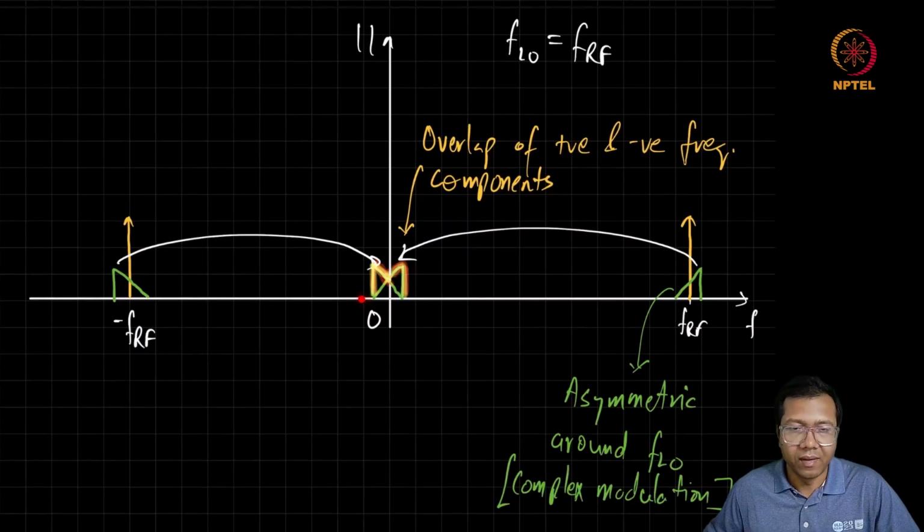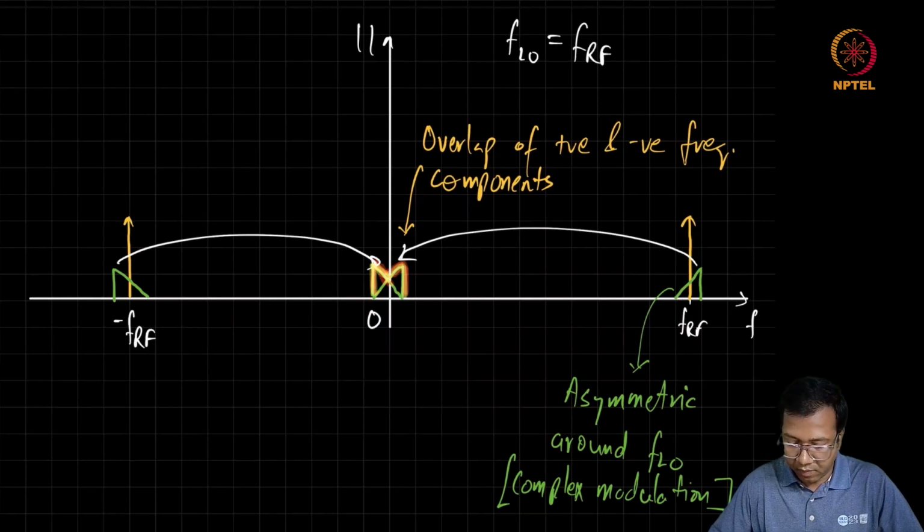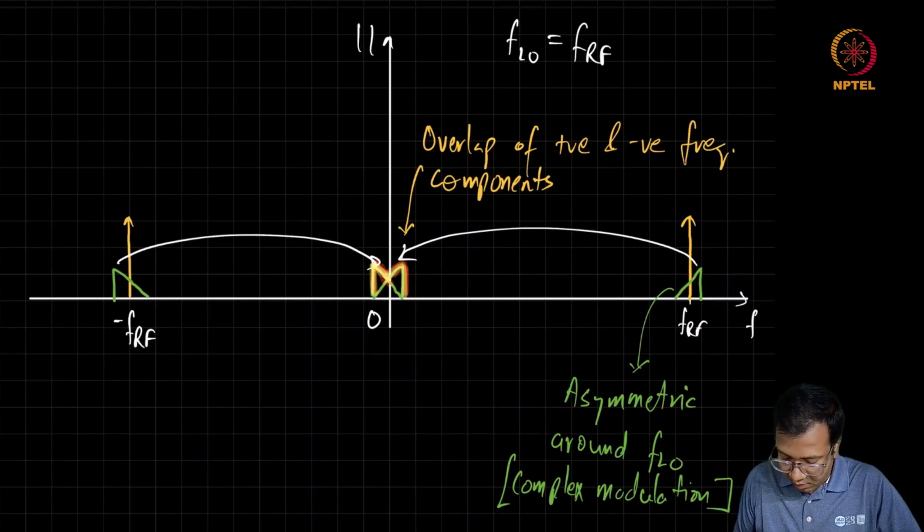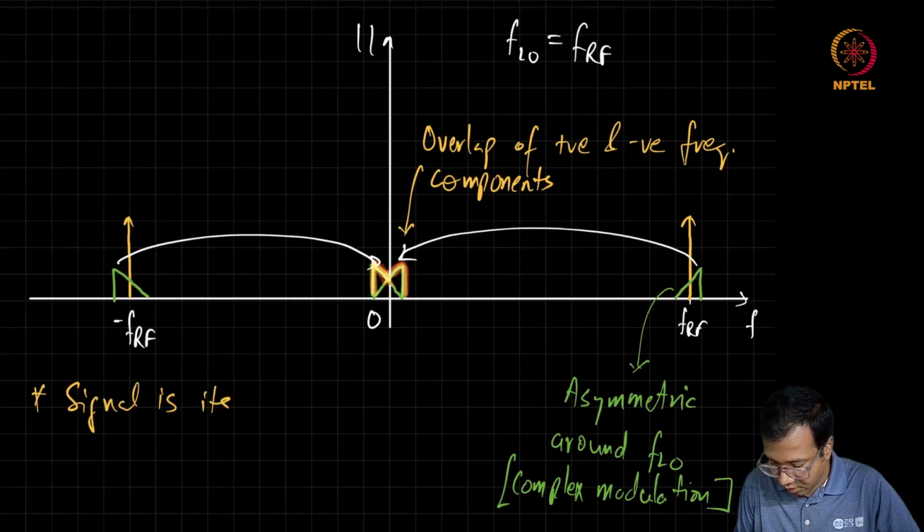Now, earlier we have already seen that whenever there is an overlap as a result of the down conversion, we are able to separate the signal and the image with the help of quadrature mixing. The same technique can be applied in this case also, where the signal is its own image.